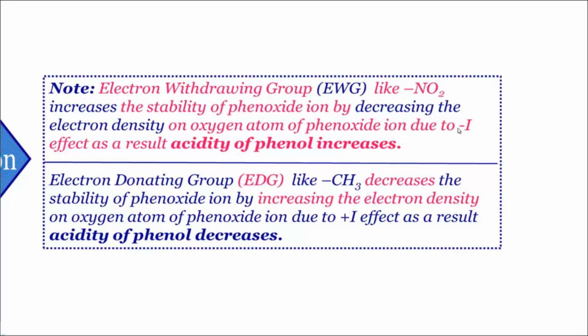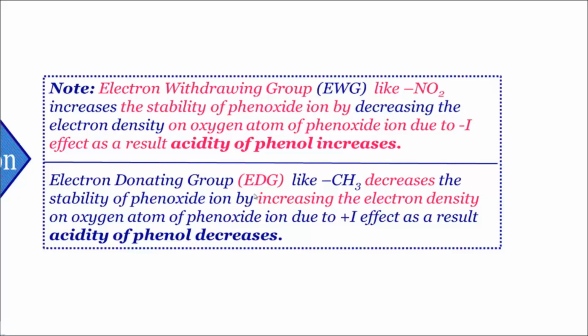How? By negative inductive effect, due to which the acidity of phenol increases. So what is the reason electron withdrawing groups increase the acidic strength of phenol? Because they increase the stability of the phenoxide ion, and they do that by decreasing the electron density on the oxygen atom of the phenoxide ion by negative inductive effect.